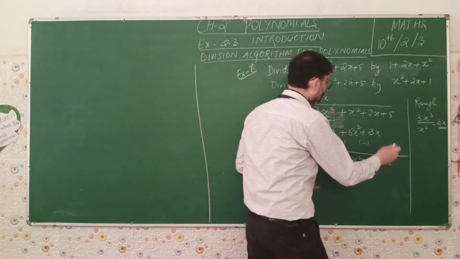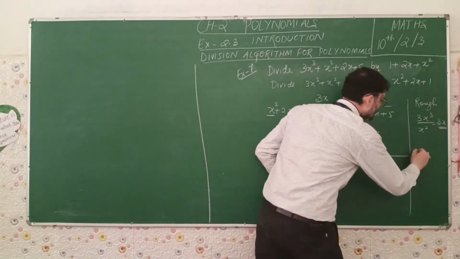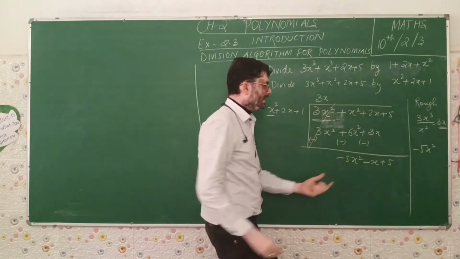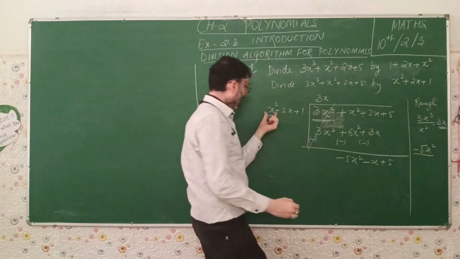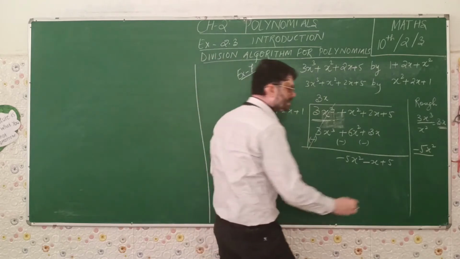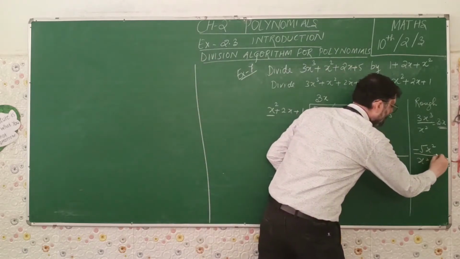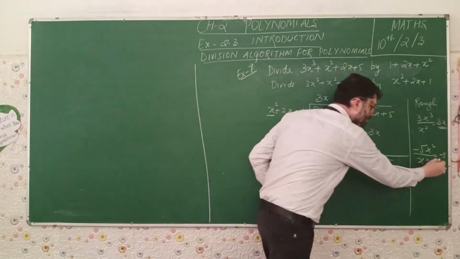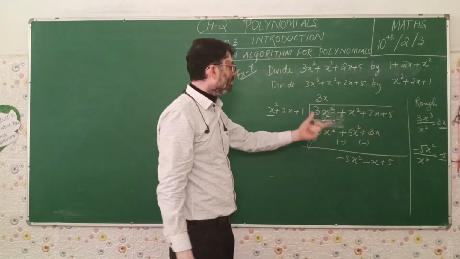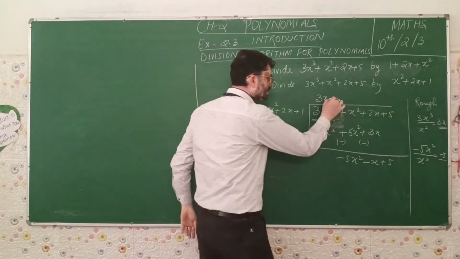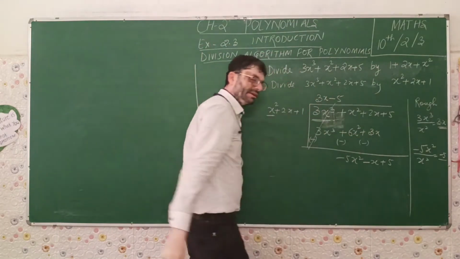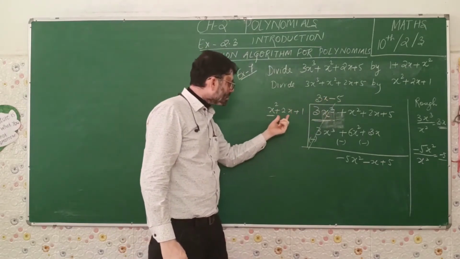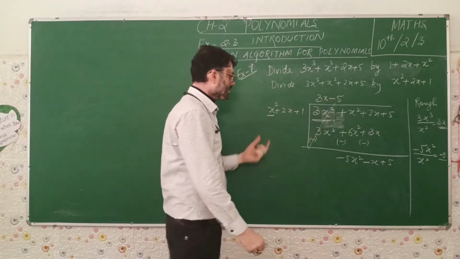So next term that we'll be getting for the quotient is minus 5x squared from the first term here divided by x squared from the first term of the divisor. This is x squared and you get as minus 5, and this minus 5 is my next term for quotient. So here this will be minus 5. This minus 5 is again to be multiplied by each term of the divisor. That is right.